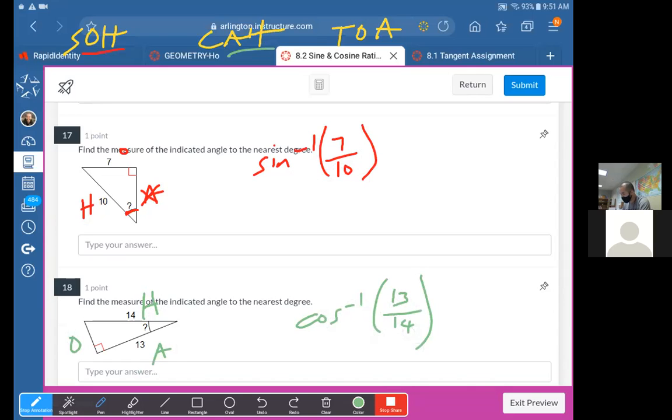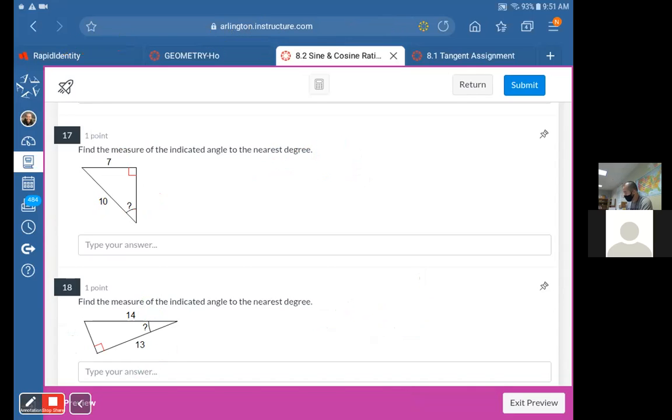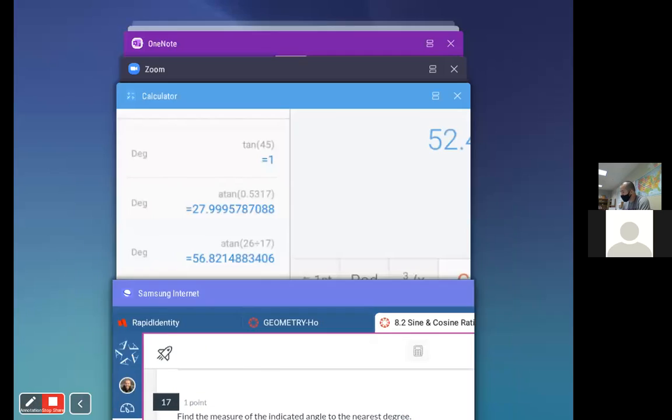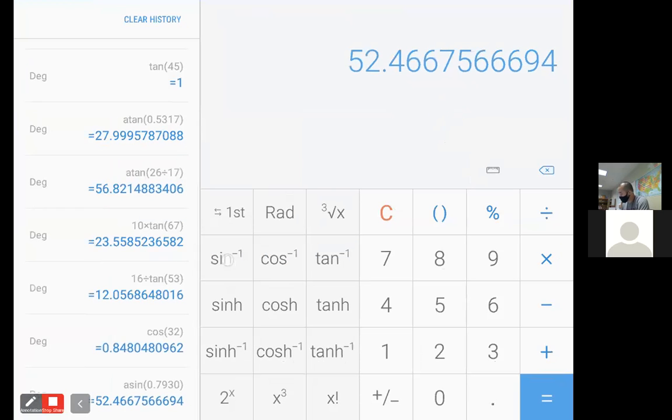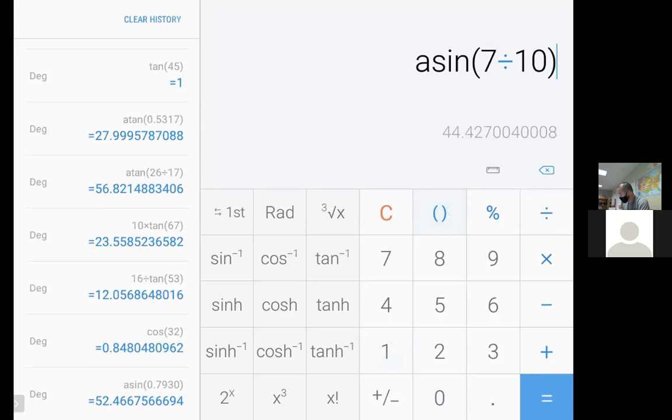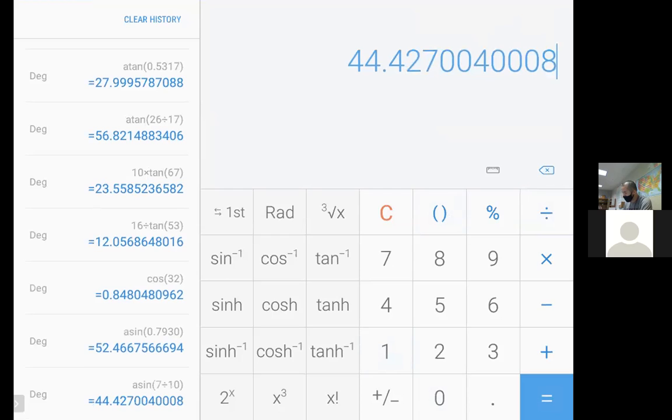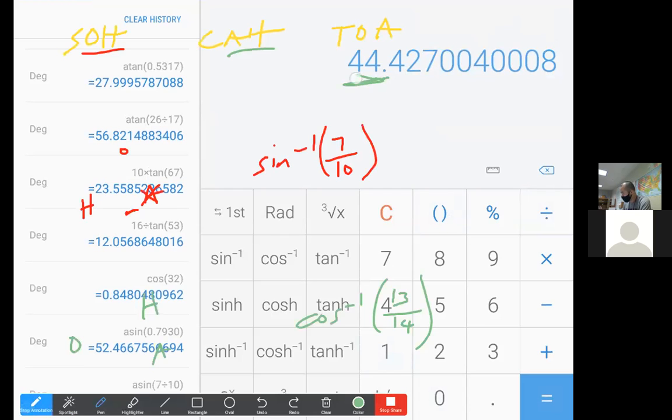So 7 and 10, sine. Inverse sine of 7 over 10 should get you this number, which is 44. This rounds to 44. Okay, I'm going to stop this video.